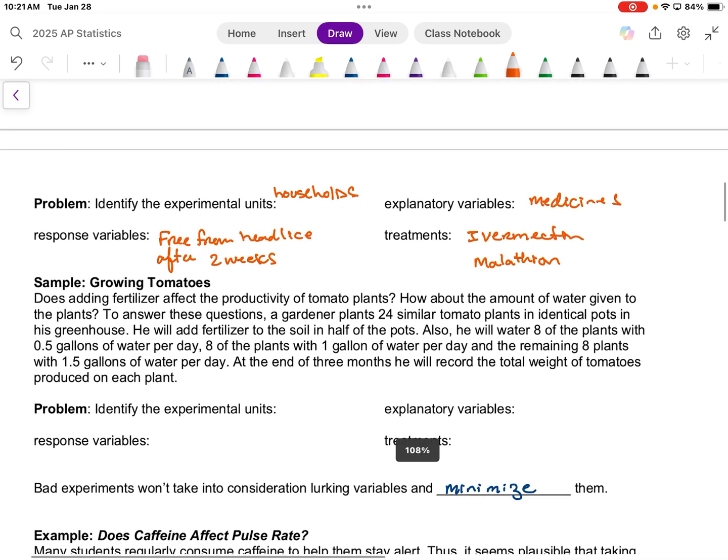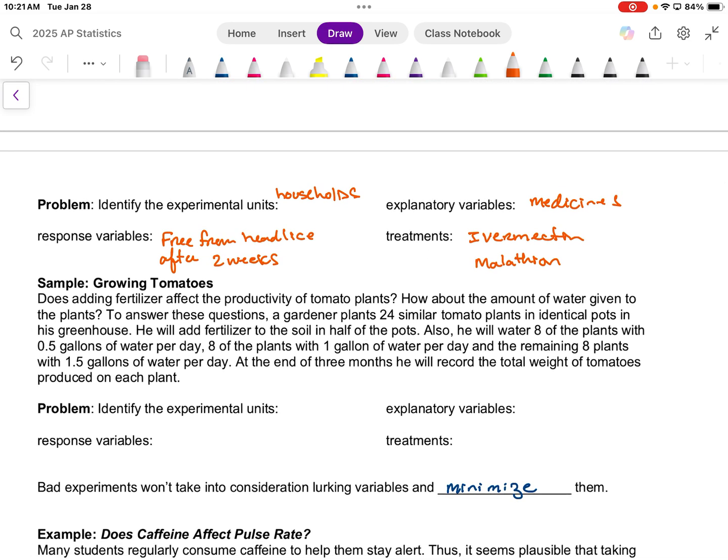Next one, same process, different situation. We got to identify the experimental units, explanatory variables, response variables, and the treatments. Growing tomatoes. Does adding fertilizer affect the productivity of tomato plants? How about the amount of water given to the plants? To answer these questions, a gardener plants 24 similar tomato plants in identical pots in his greenhouse.